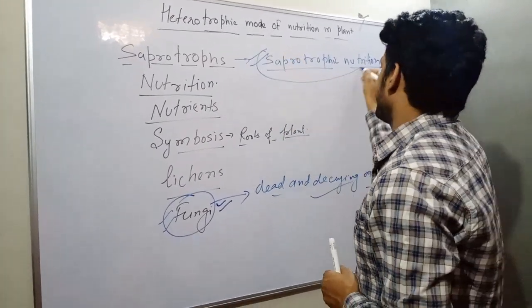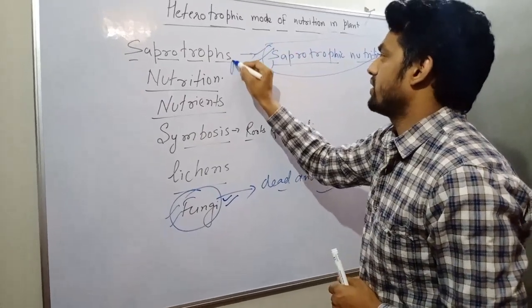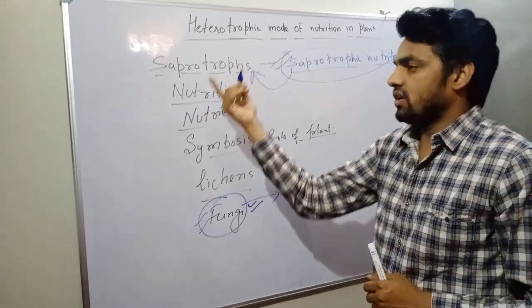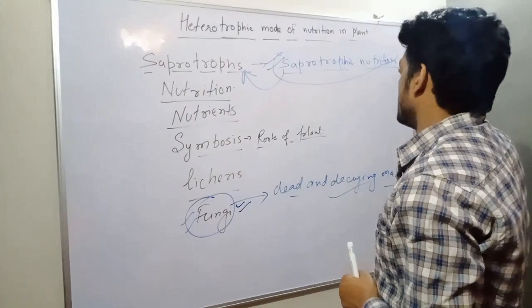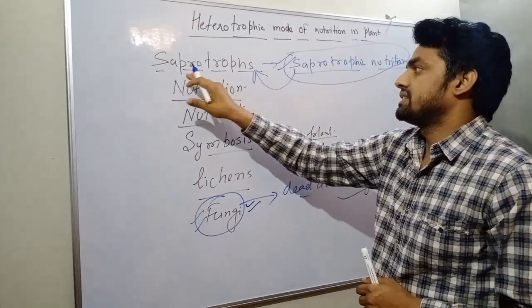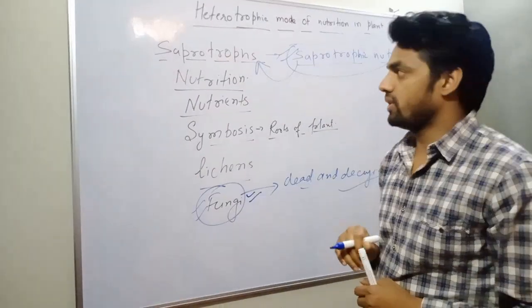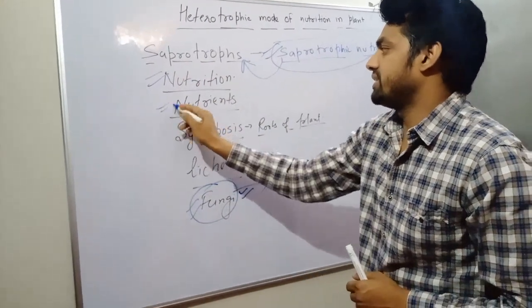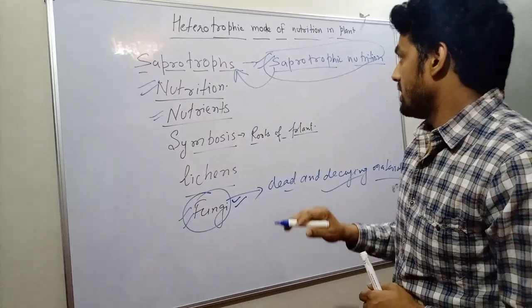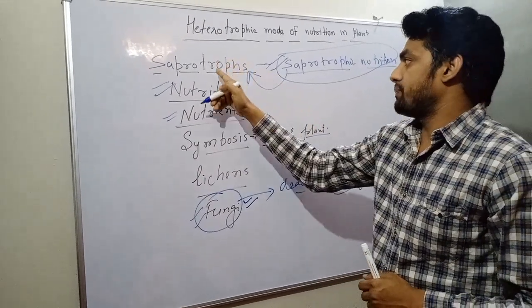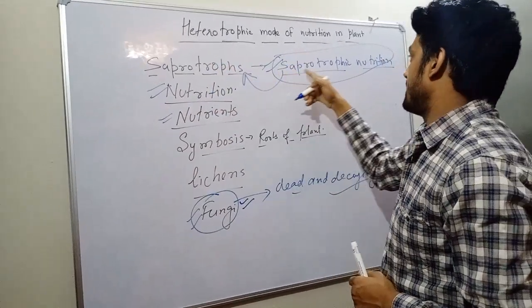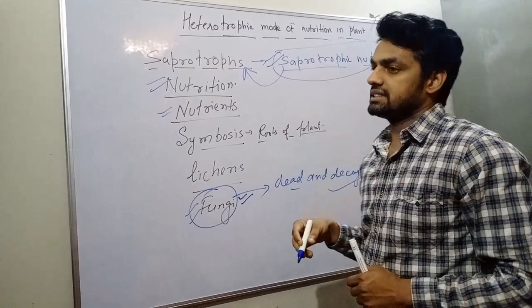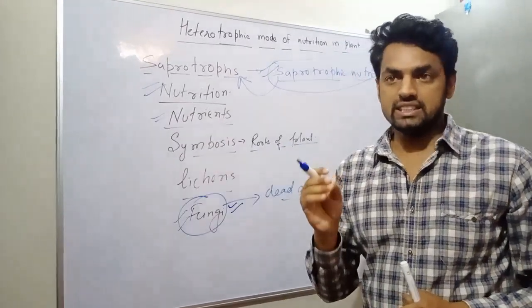The organisms that take food in this way are known as saprotrophs. We already know what nutrition and nutrients are.